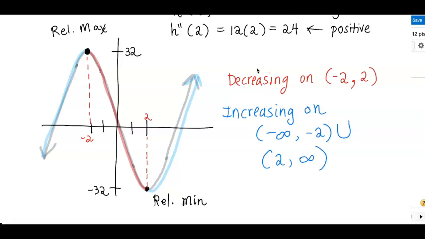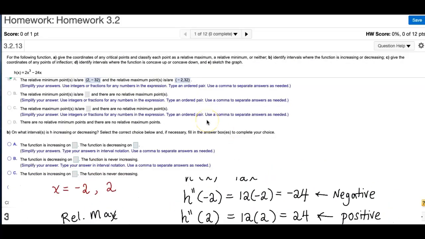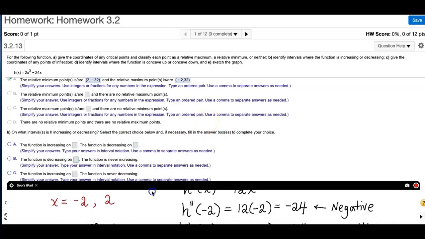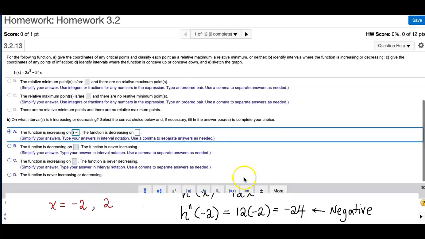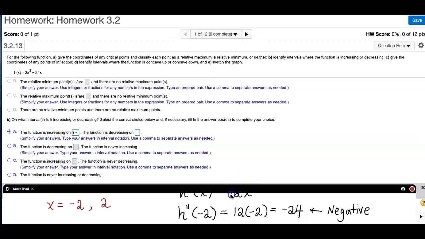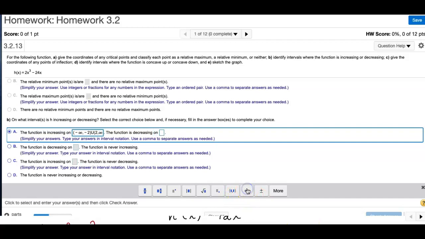I'm now going to type this in my MyMathLab. All right, let me lower the screen. Increasing on negative infinity. How do I type in the infinity symbol? Oh, it's right here. Negative infinity to negative 2, union 2 to positive infinity.